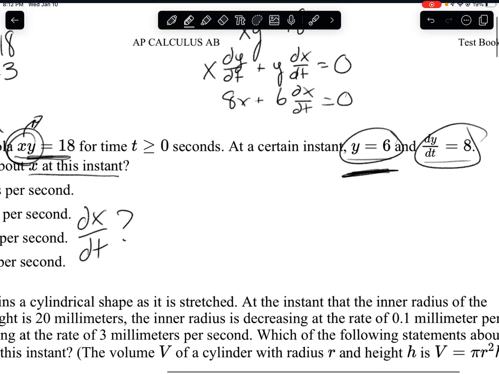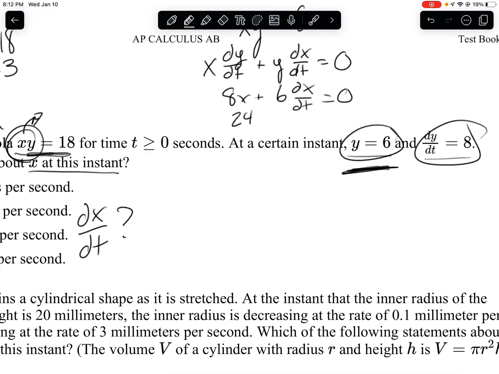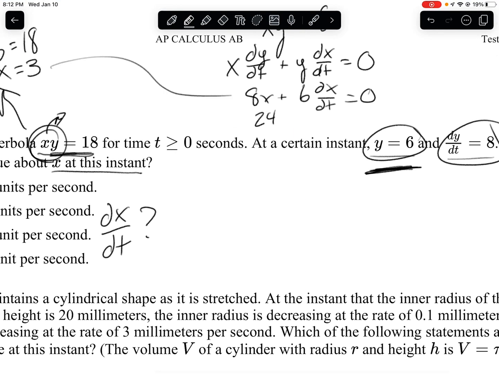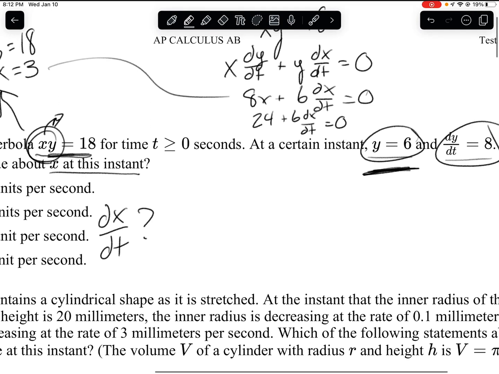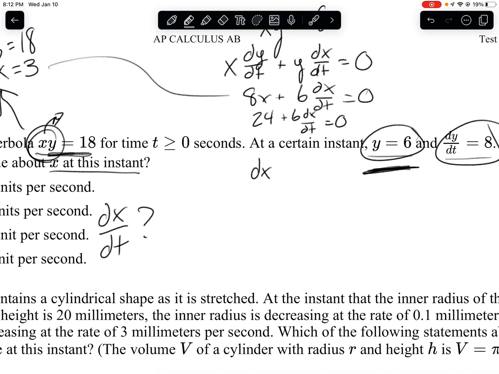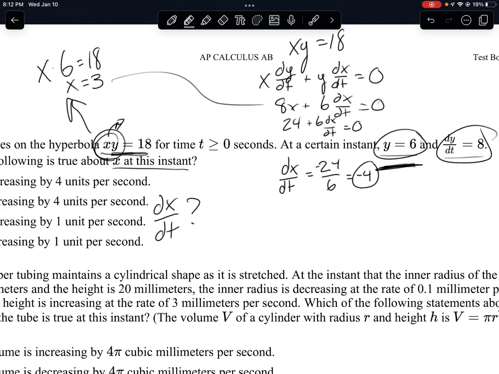So I've solved for my x. I'm going to get 24 after I plug in 3 here that I got from here. Plug in 3, get 24, plus 6 dx/dt equals 0. When I solve for dx/dt, I'm subtracting 24 over, so negative 24 divided by 6, or negative 4.